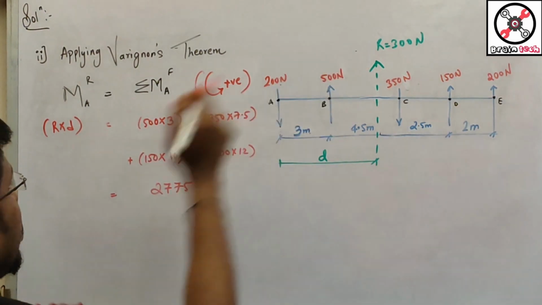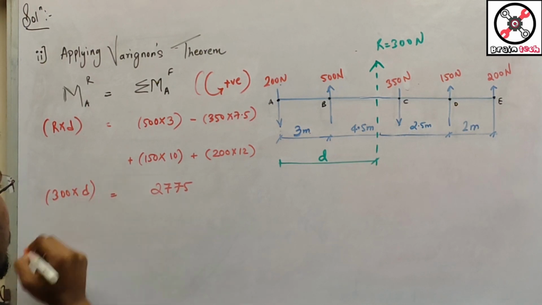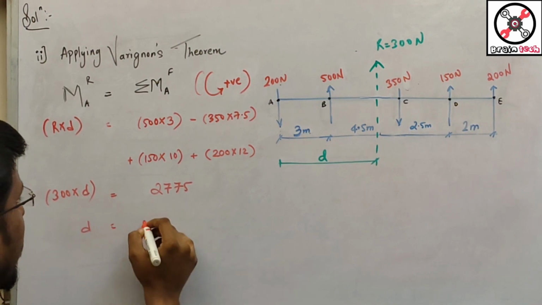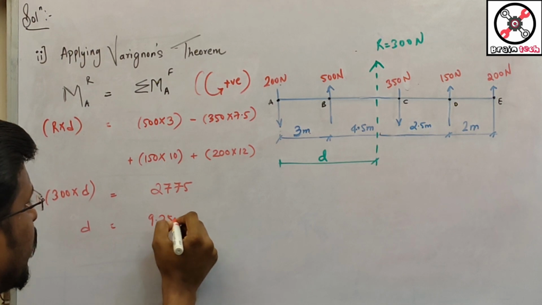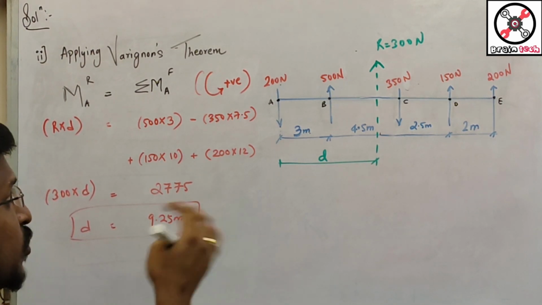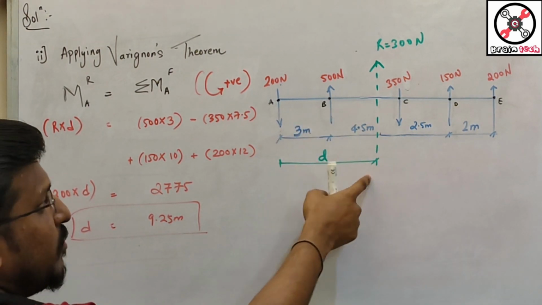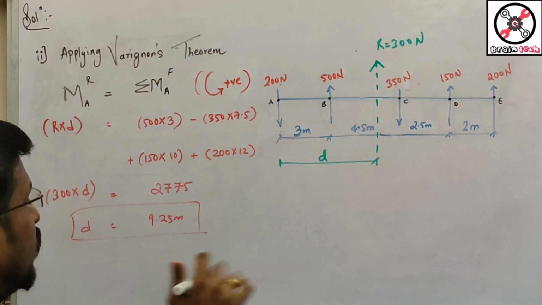And here the value of the resultant is 300 into D. With this, we get the value of D as 9.25 meters. Now, this is a positive value, so I come to know that whatever assumption I made is true.